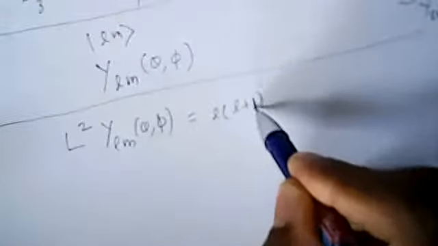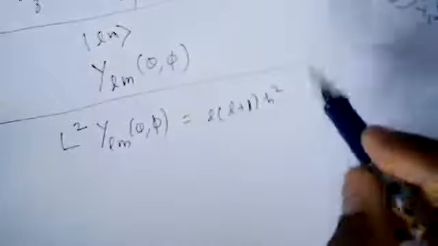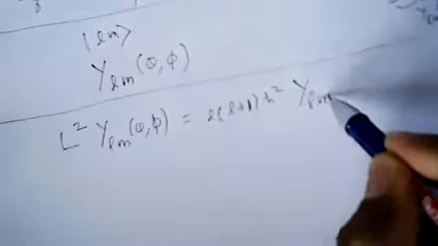It is l into l plus 1 h cross square, the eigenvalue of L square, which we already know from the earlier sections.